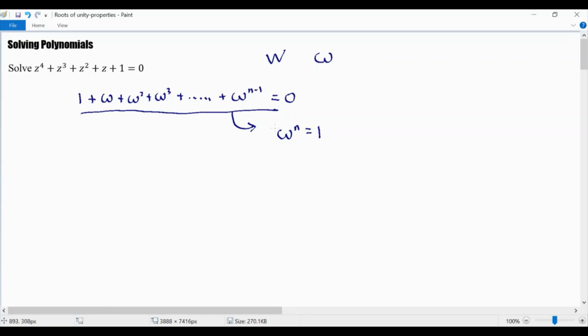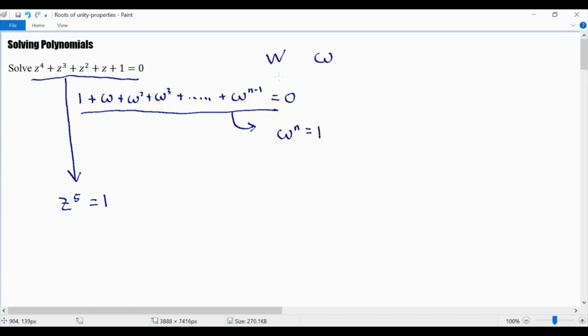And the reason for that property existing, I'm sure you can look at another video to see where that property comes from, but all we need to realize for this question is that this equation is implying partially that z to the 5 equals 1.